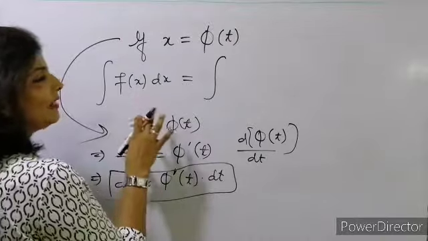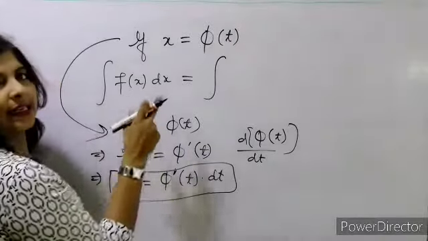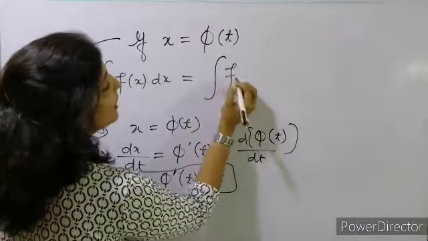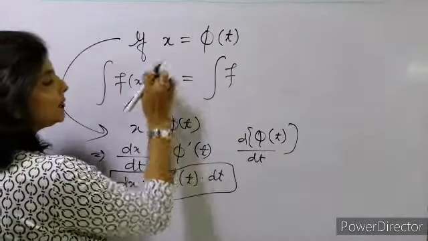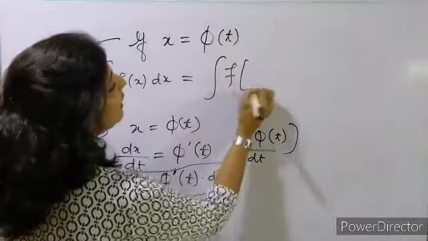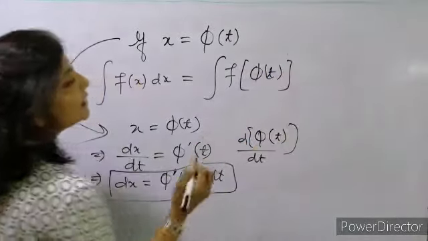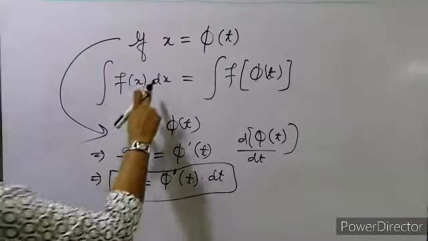Now the integral of f(x) with respect to x will be f(x). In place of x we can write phi t, and after that is dx.